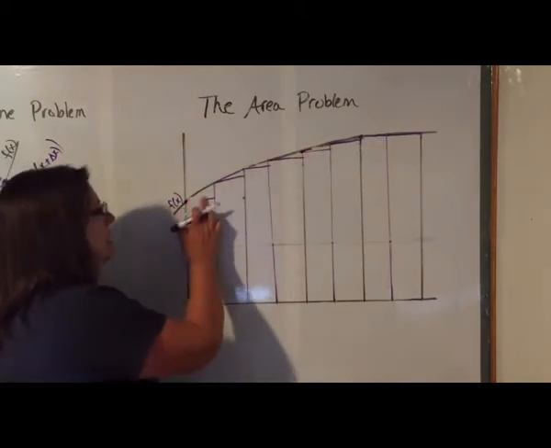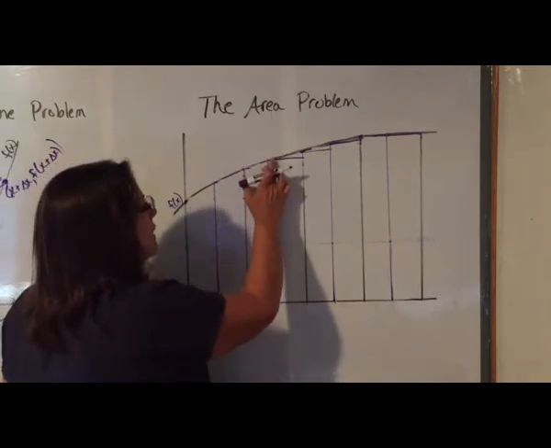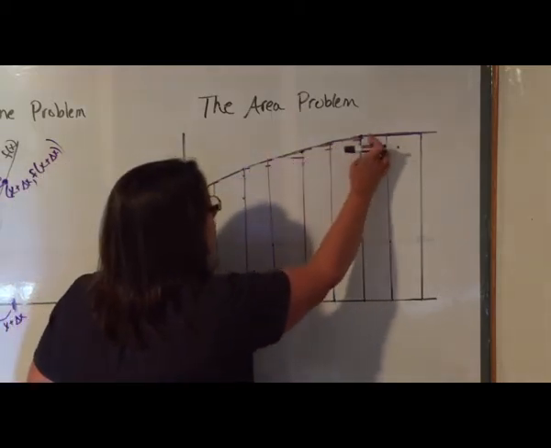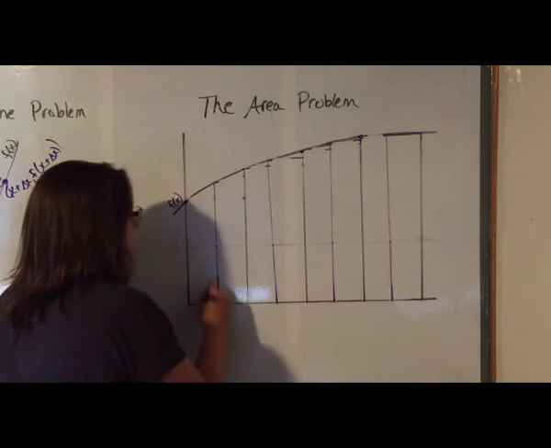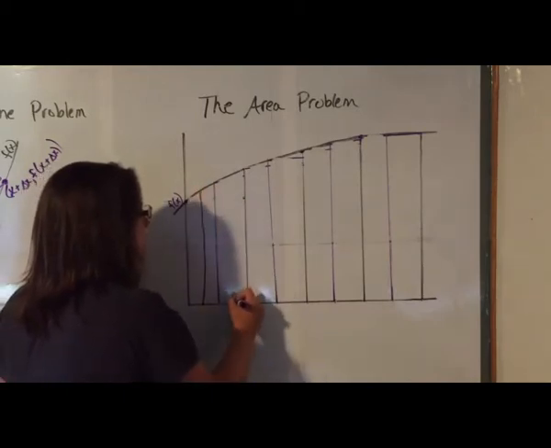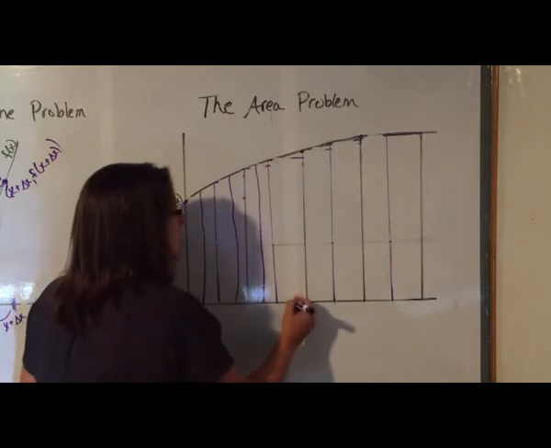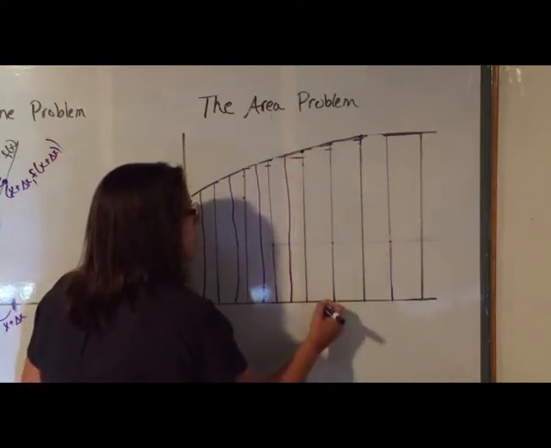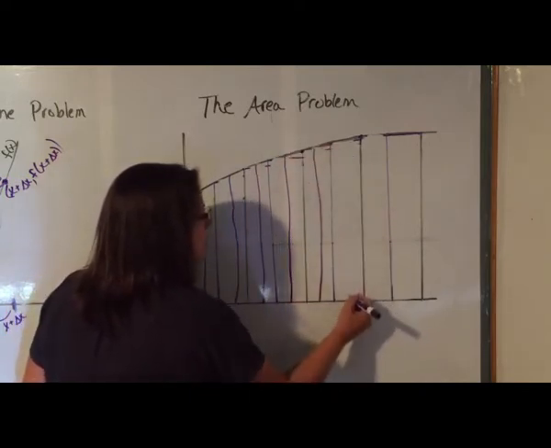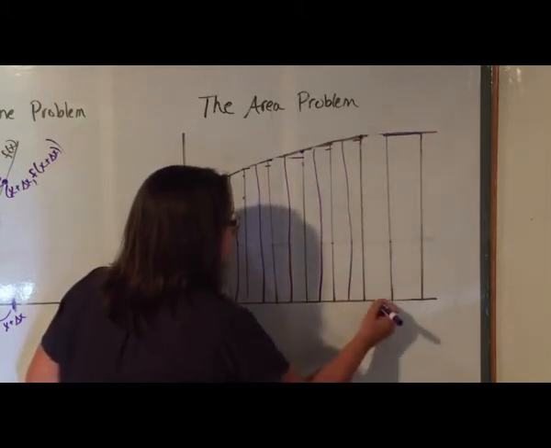And if you think about it, I could go and do this into 16ths. I could just keep doing this, making the number of rectangles that I'm putting this thing into a smaller and smaller width.